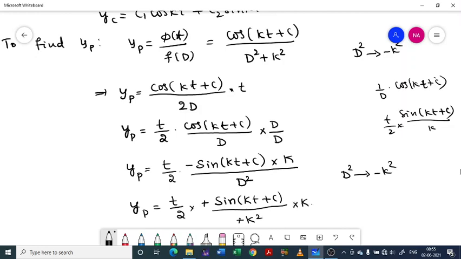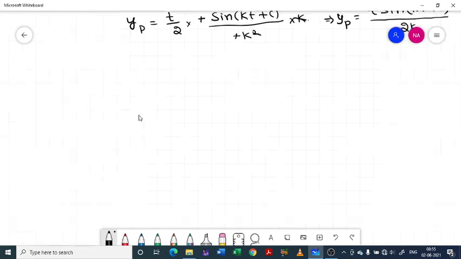So minus gets cancelled, one term k gets cancelled. So you get yp to be t sin of kt plus c divided by 2k. That's what we have here also. So that is the required solution. I hope I can write the general solution.